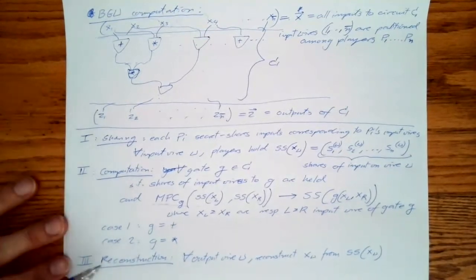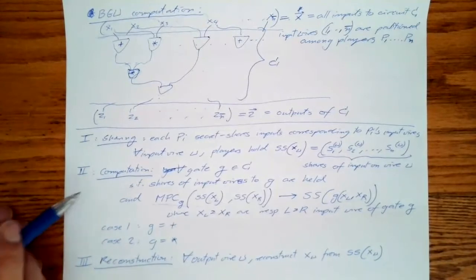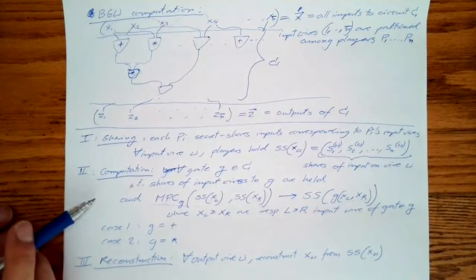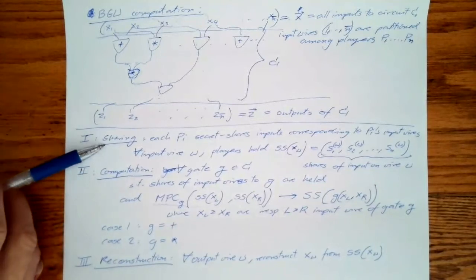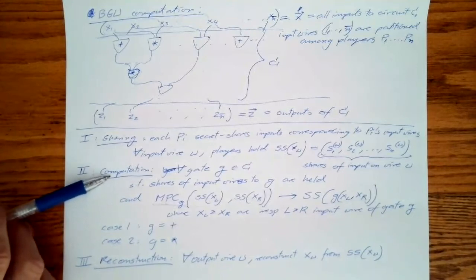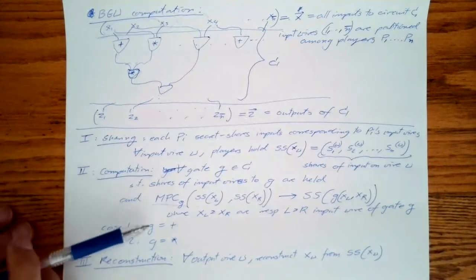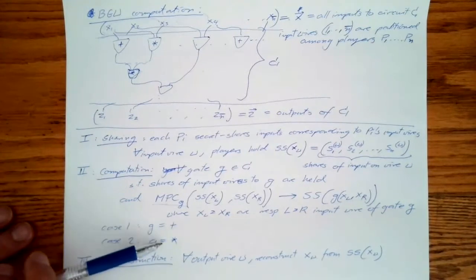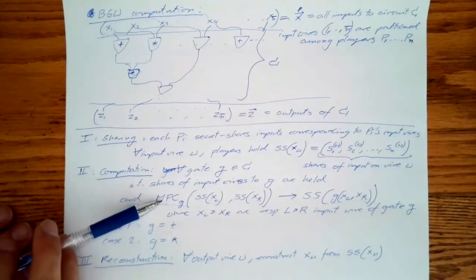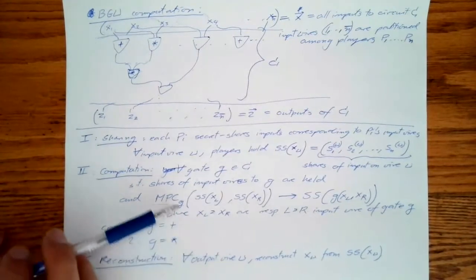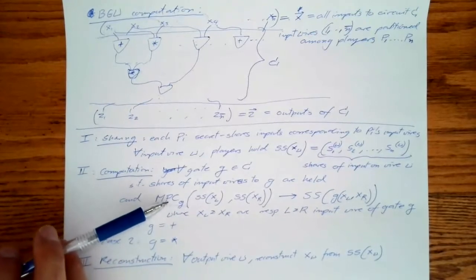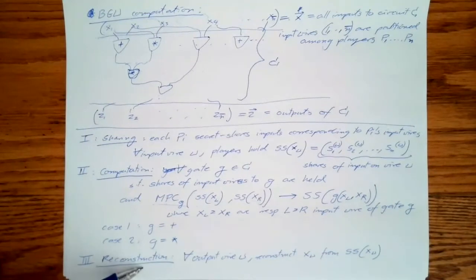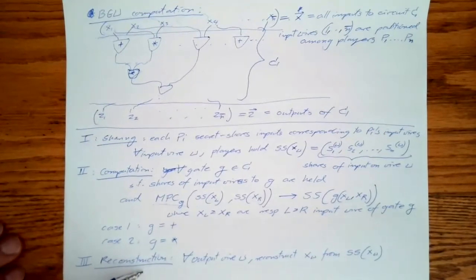This structure, by the way, is exactly the same structure as in the GMW protocol, right? The sharing was an XOR sharing. The computation was gate by gate. The gates were Boolean gates, so not arithmetic. And the MPC protocol that allowed computation of an arbitrary Boolean gate was based on OT. And reconstruction was a reconstruction of the XOR sharing, right?